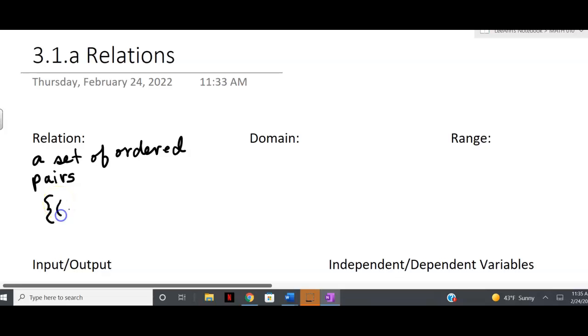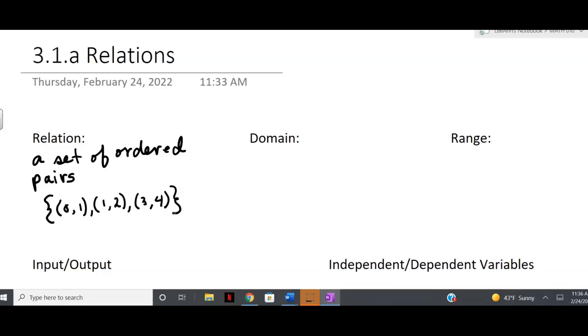Let's say we have the ordered pairs (0, 1), (1, 2), and (3, 4). So it's a small set, there's just 3 ordered pairs, but that would be considered a relation.